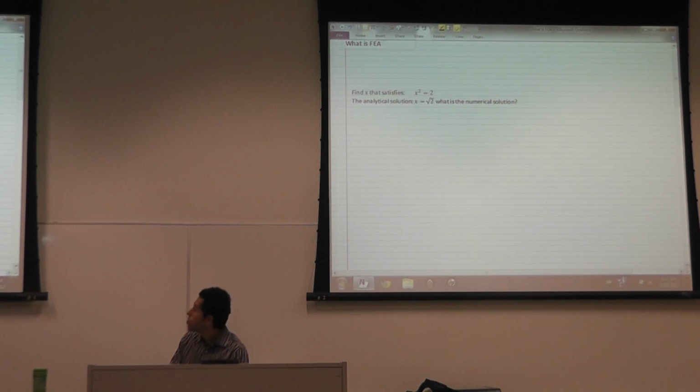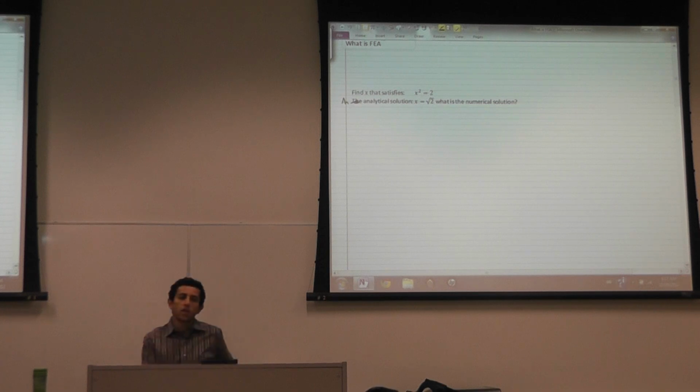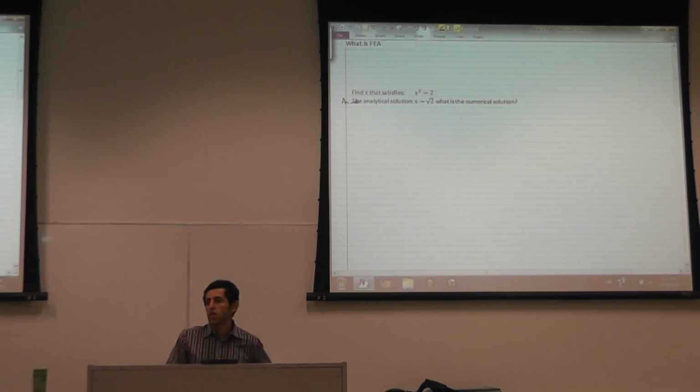And the analytical solution is that x is equal to root 2, or an analytical solution, because it could be a positive or negative root. But what you see here is that I didn't really give you anything. Because I'm asking you, what's the number that when you multiply it by itself, you get 2? You tell me it's the number that when you multiply it by itself gives you 2. So you haven't really done anything.